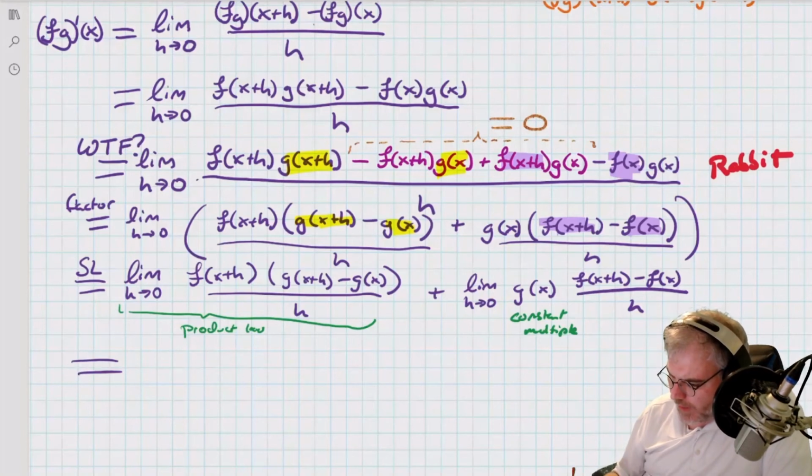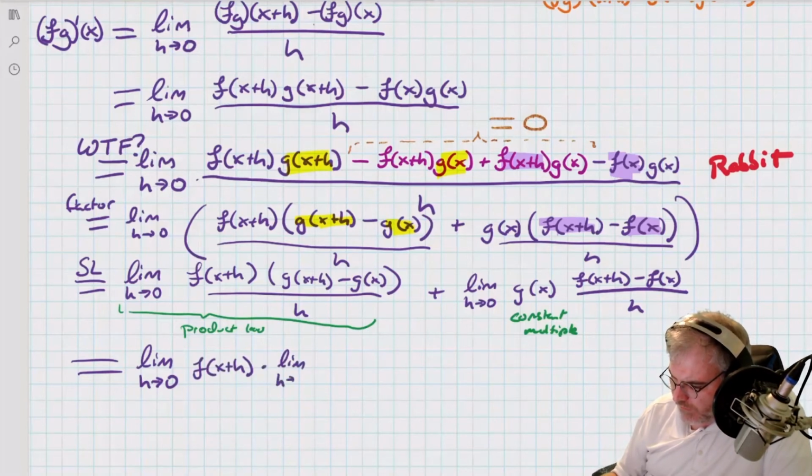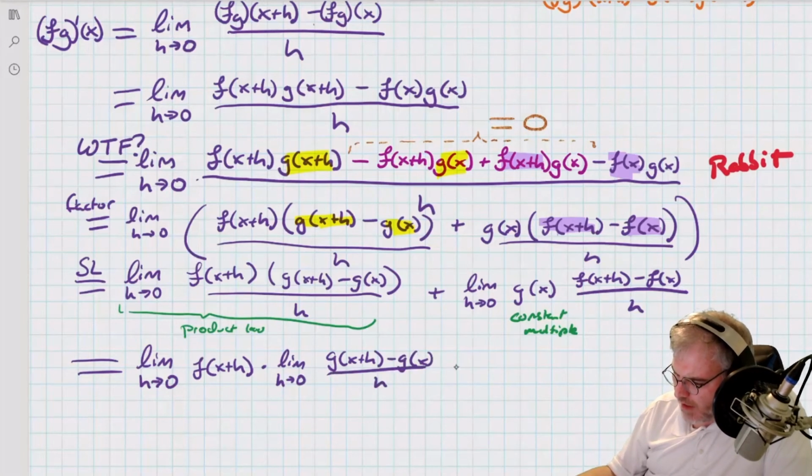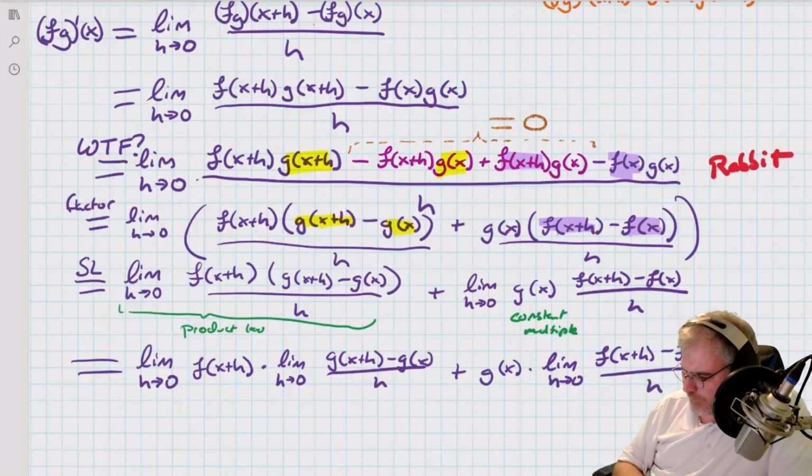And what I'm going to wind up with is the limit as h goes to 0 of f of x plus h times the limit as h goes to 0 of g of x plus h minus g of x all over h, plus g of x times the limit as h goes to 0 of f of x plus h minus f of x all over h.